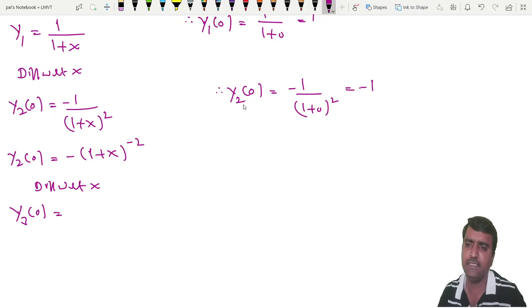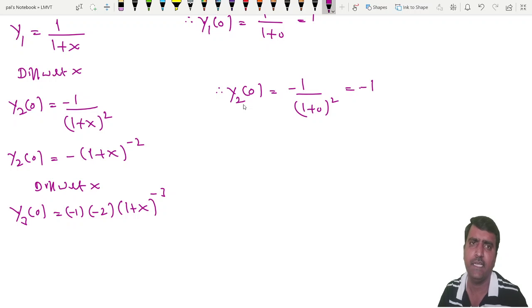Differentiation of y2 is y3. y3 is equal to minus 1 into minus 2 into 1 plus x to the power minus 2 minus 1, that is minus 3. So that is 2 into 1 plus x to the power minus 3, or we can write it as 2 by 1 plus x whole to the power 3.